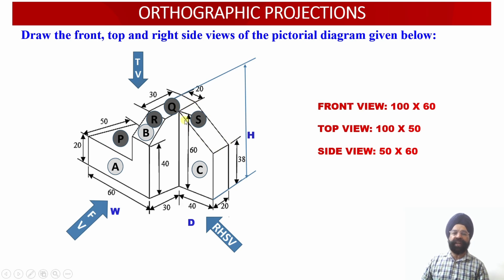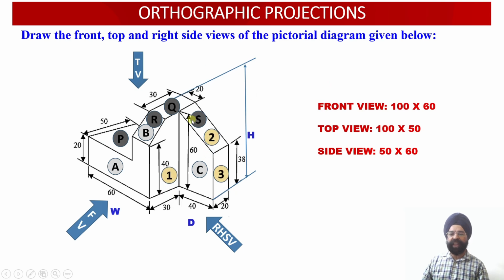We have named this rectangular inclined surface as surface S, and this surface S will be presented onto the horizontal plane as an apparent shape because this rectangular face happens to be inclined to the horizontal plane. So surface R and surface S will be developed onto the horizontal plane as apparent shapes. Surfaces P and Q will be obtained onto the horizontal plane in the top view as true shapes over there.